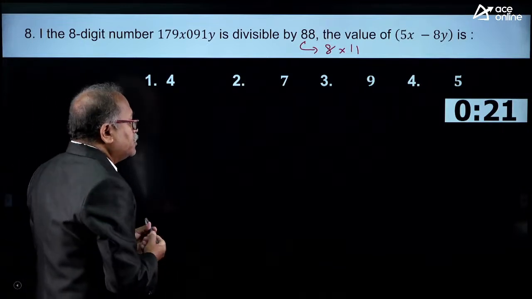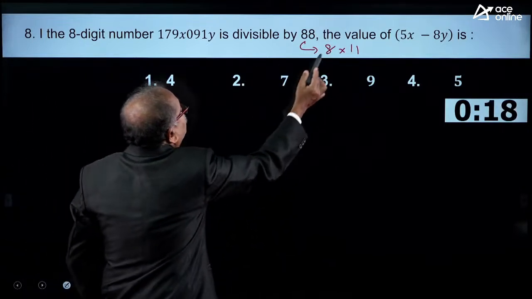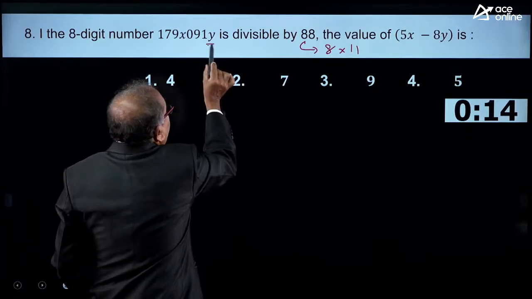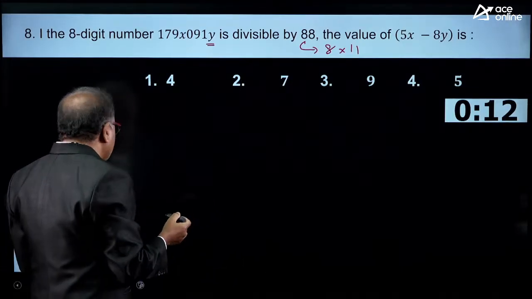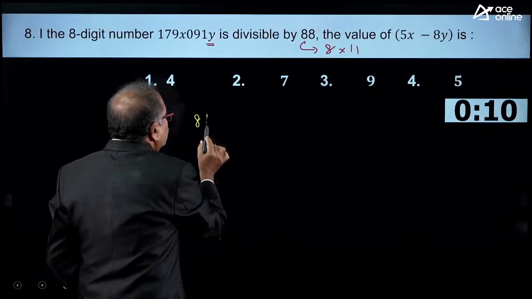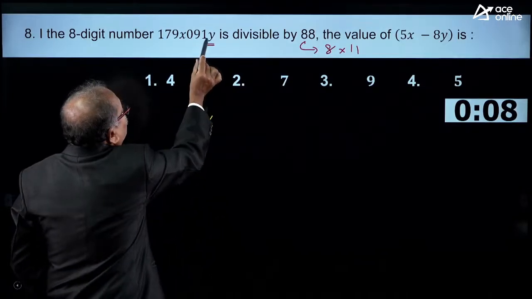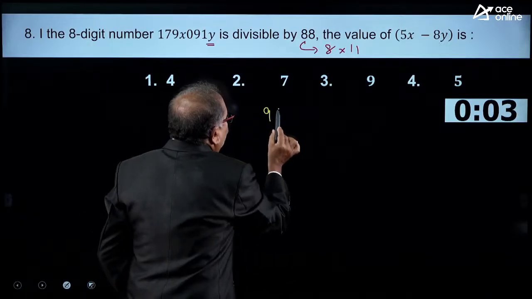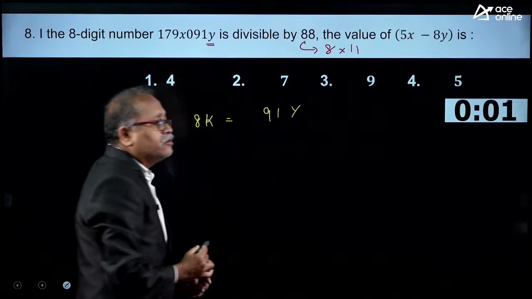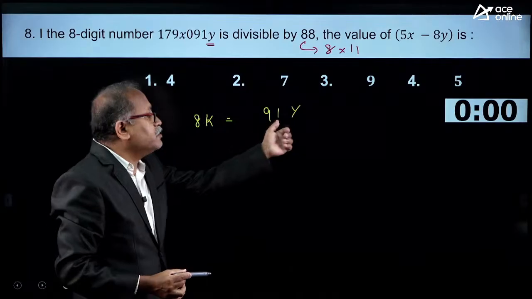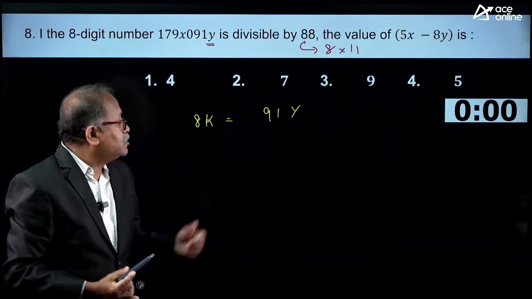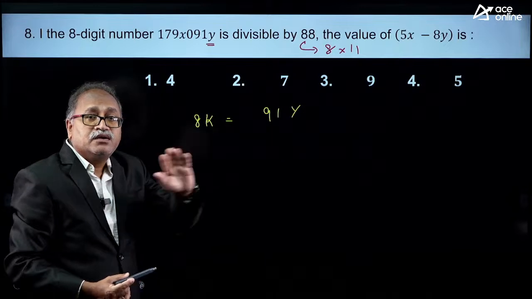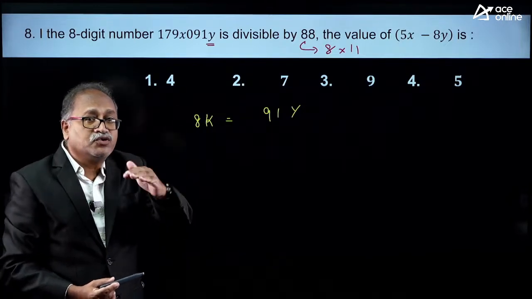So I will go for the 8 divisibility rule. What should be the value of y? The number should be divisible by 8, so 91y: what value can y take which is divisible by 8? I already know 88 is divisible by 8, 88 into 11.